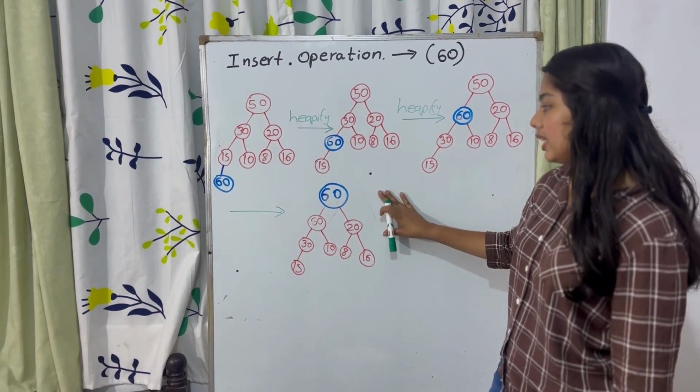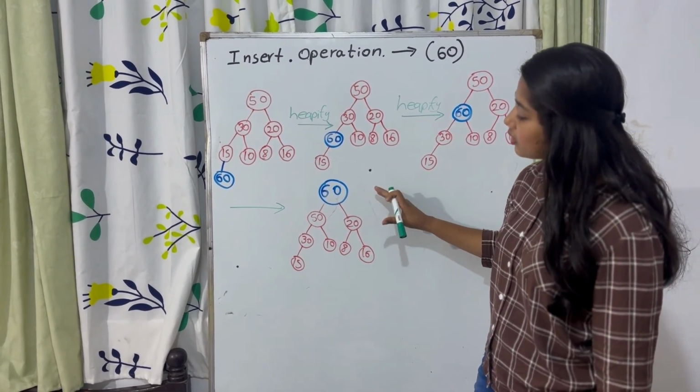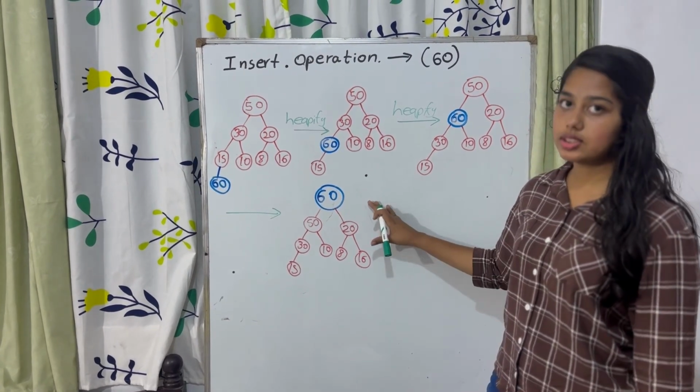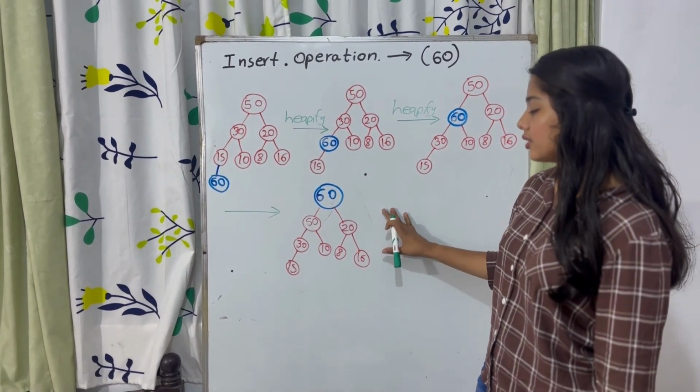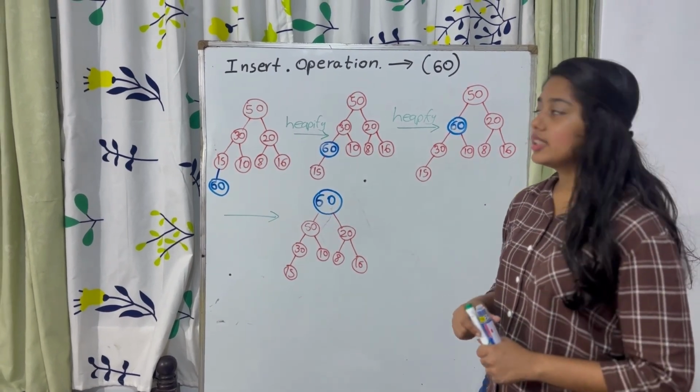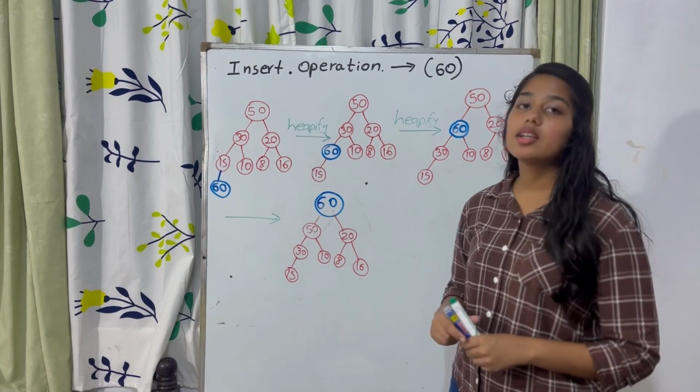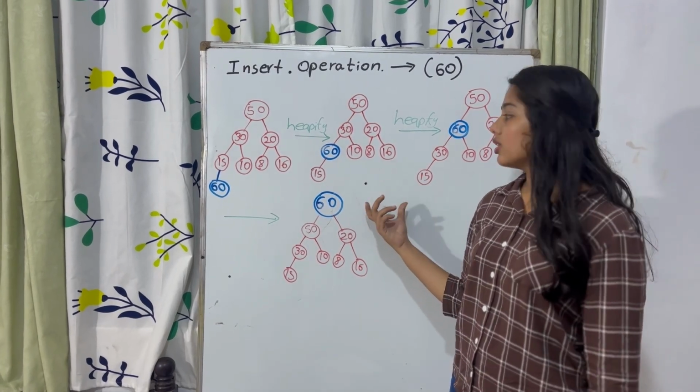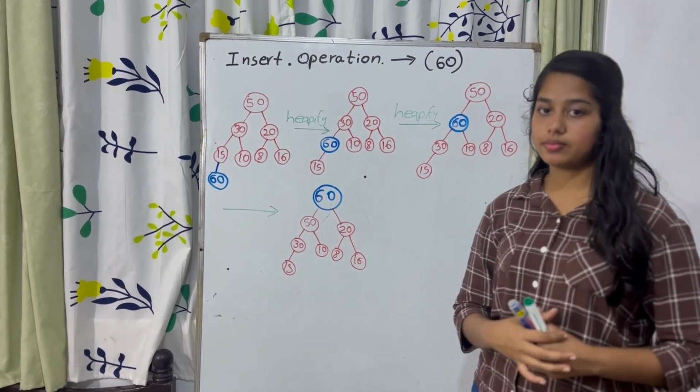As you can see, every parent node in this tree is greater than its child nodes. This is how we are going to insert a value to the max heap tree.